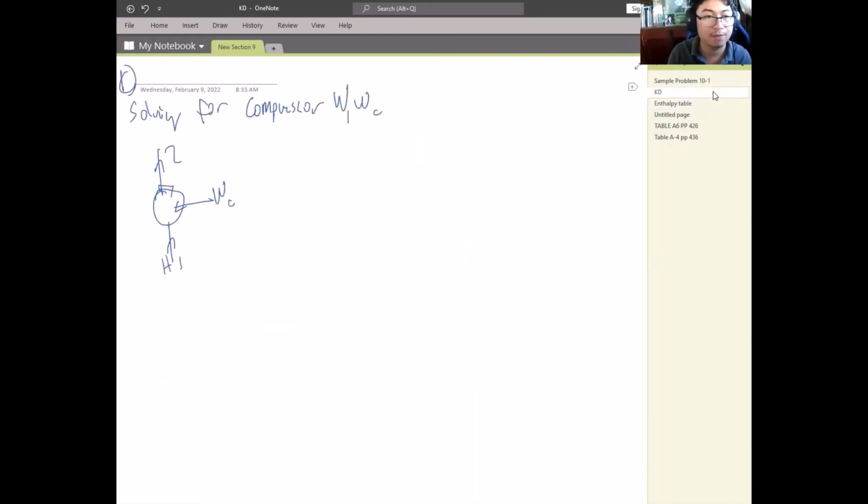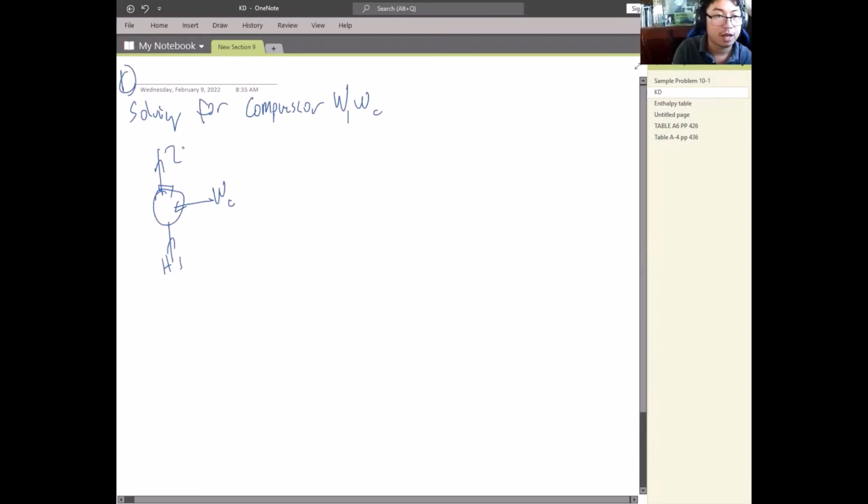Now we have complete values for h2 and h1, so we can find the work of the compressor. By energy balance, energy in is equal to energy out. The energy in is the work of the compressor plus the h1, which is equal to h2.